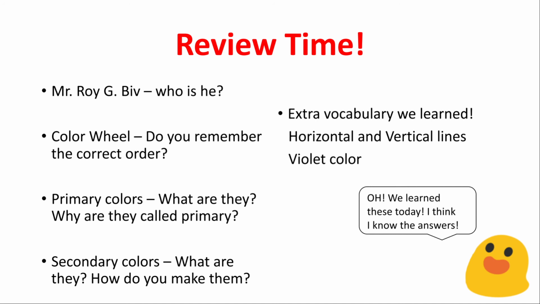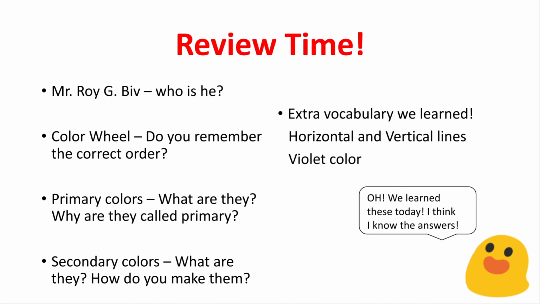You make them by mixing together 2 of the primary colors. So remember, you would mix red and yellow together to make orange, yellow and blue to make green, and red and blue to make violet.